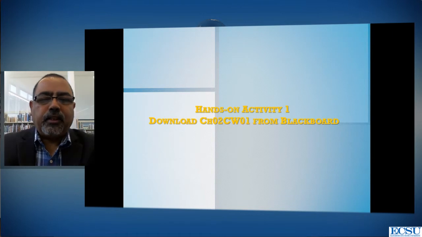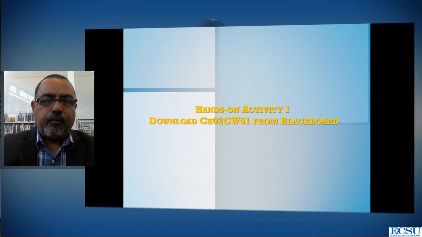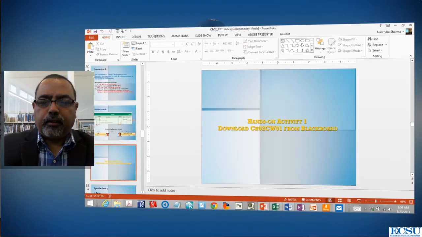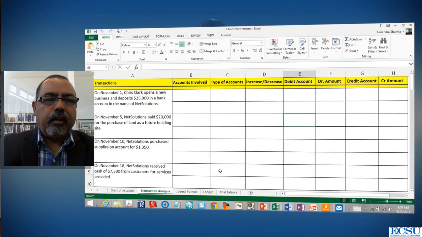Now, I'm taking a hands-on activity. Please download Chapter 2 Classwork 01 from Blackboard. It is available under homework formats or classwork formats. So then we can do it together. Okay, now this is the handout, if you can see. First, we are given a chart of accounts.